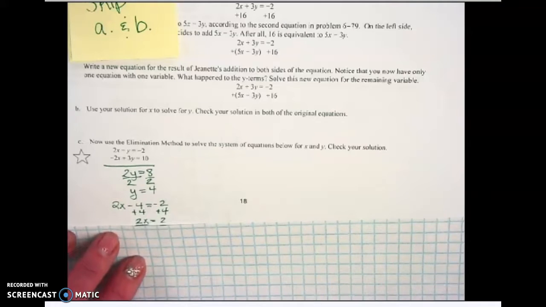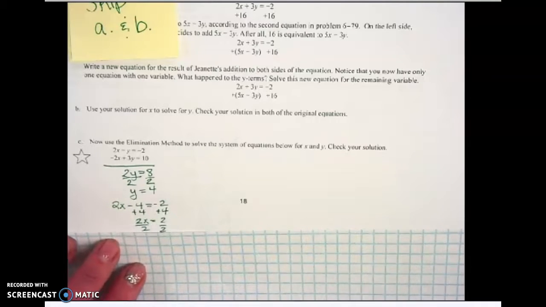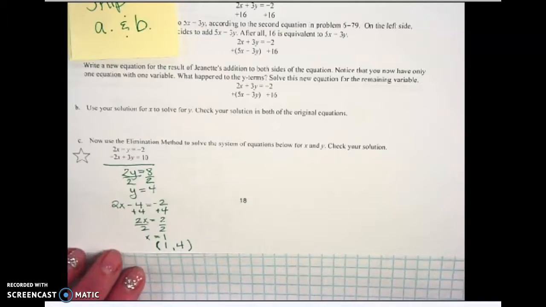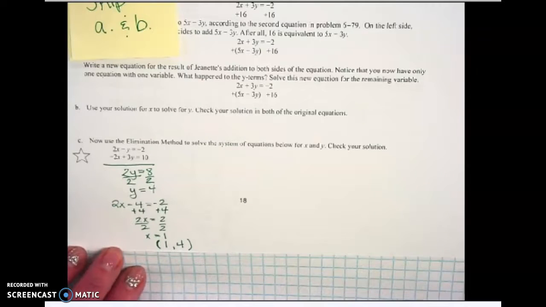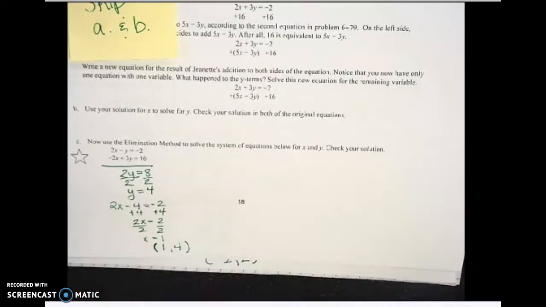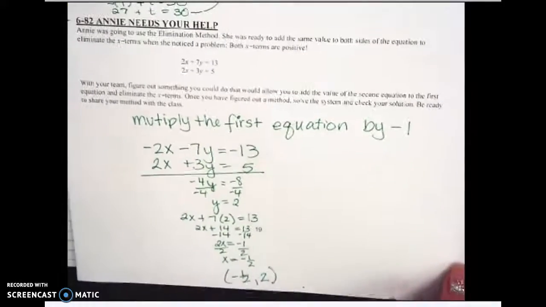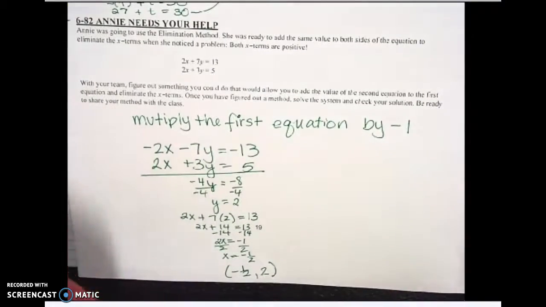Then I'm going to have 2x equals 2, divide both sides by 2, and so x is equal to 1. All right? Then I'm going to write my ordered pair as my final answer. So my ordered pair is 1, 4. Make sure you put the x variable first, then the y variable. All right? Turn over to page 19. This will be at the top in just a second, if you're still writing.